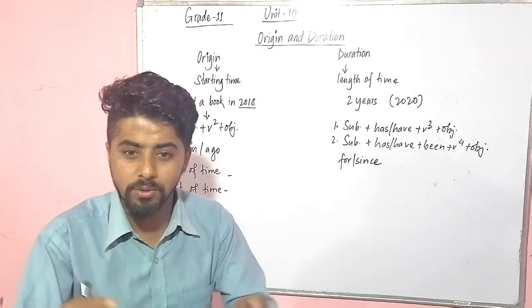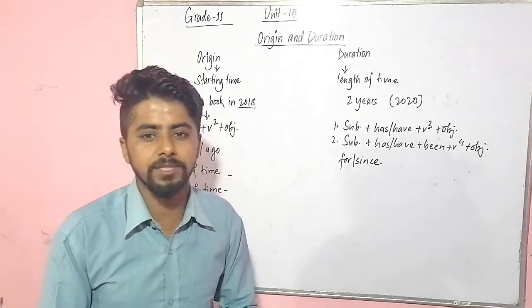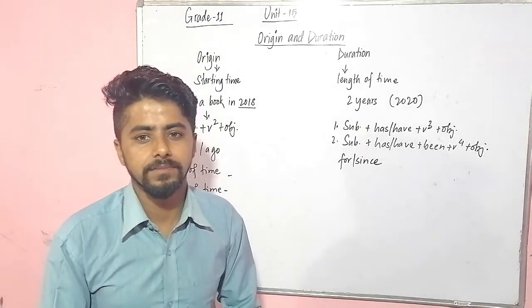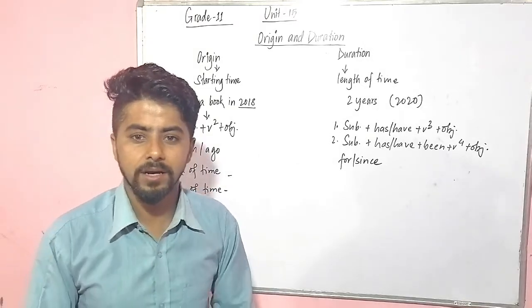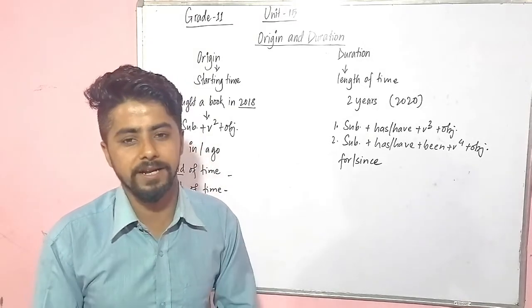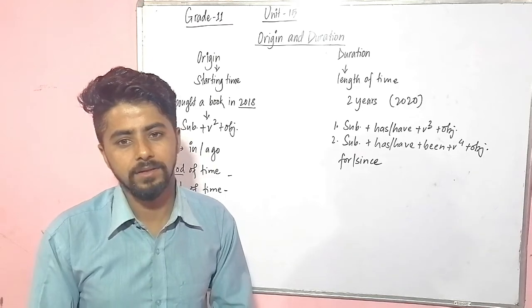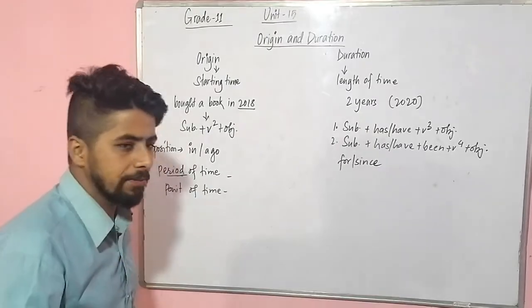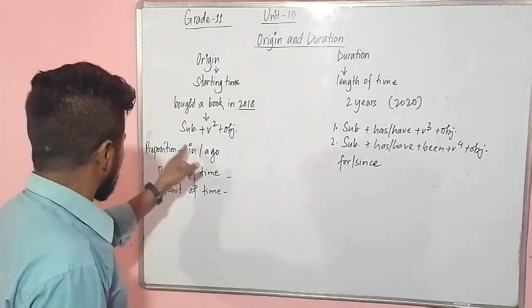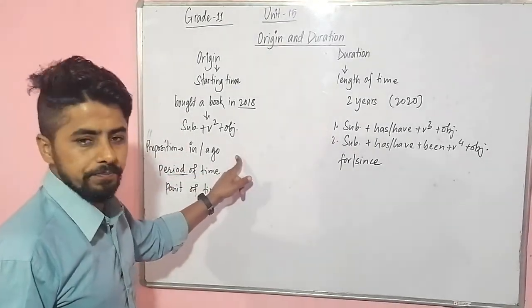When you say 1 hour, 2 hours, 3 hours, it becomes period of time. Are you getting me? 1 year, 2 years, 3 years, 5 years, a century, it becomes period of time. So, when you understand period of time and point of time, it will be easier for you.